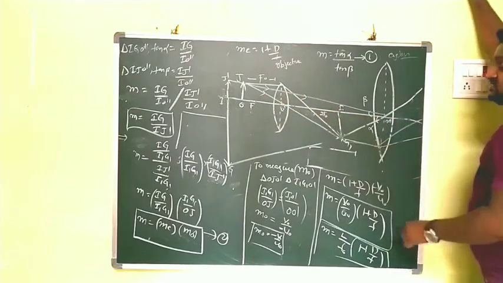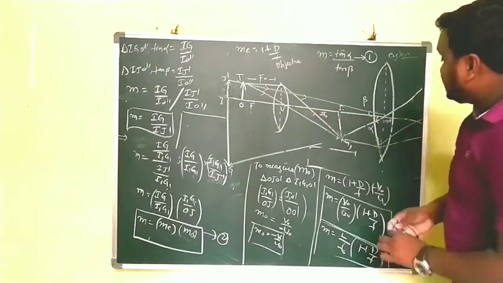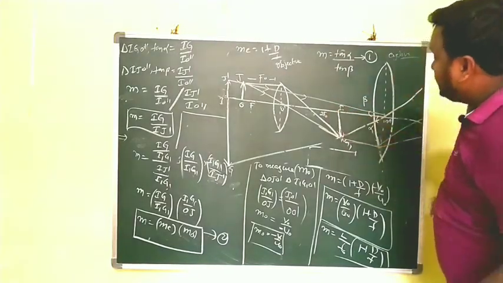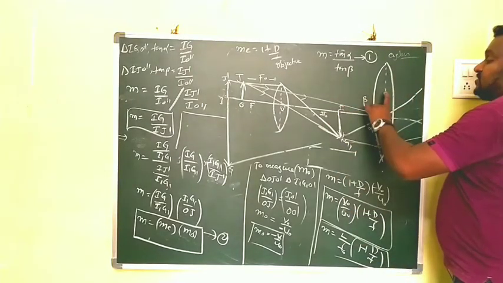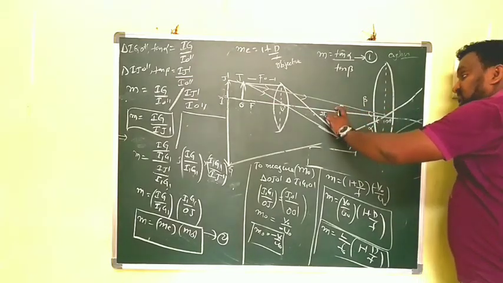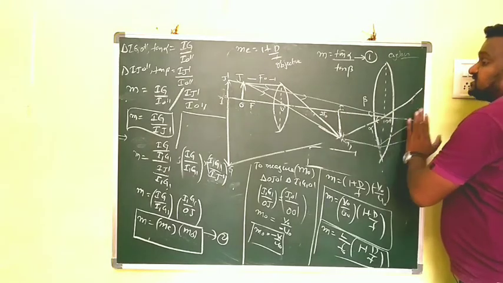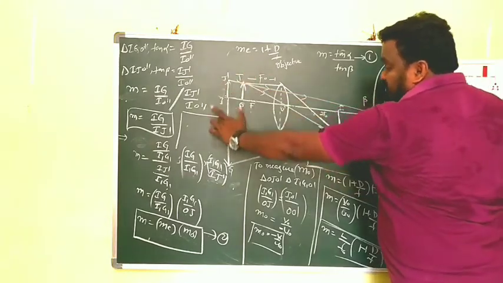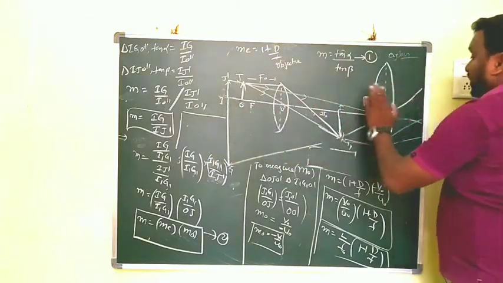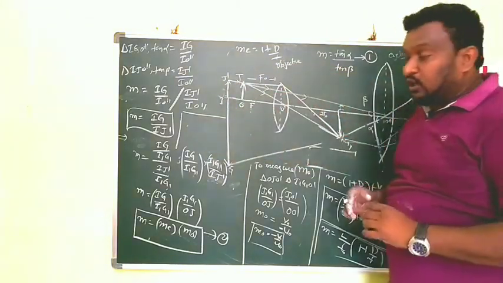That acts as the object for the eye lens, which forms the image IG. This IG is the image of the eye lens. That is the working here.